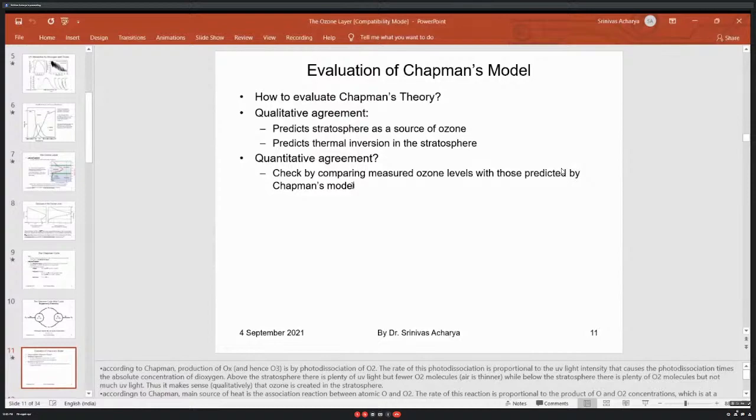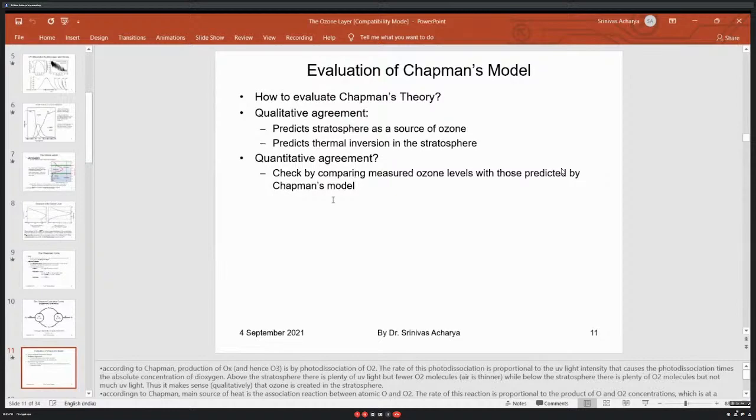Means why we accept the Chapman model: there is a qualitative agreement and a quantitative agreement. For qualitative agreement, we have two rationales for why this Chapman theory will be accepted qualitatively. One is the stratosphere as a source of ozone. Yes, the stratosphere has a source of ozone. Another is thermal inversion occurring at the stratosphere. Yes, we know that there is a thermal inversion at the stratosphere.